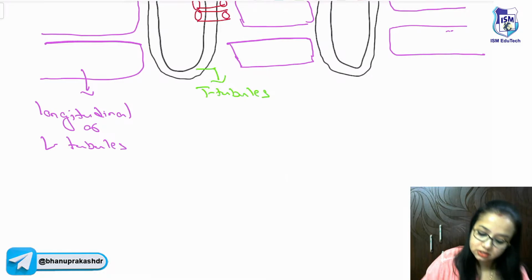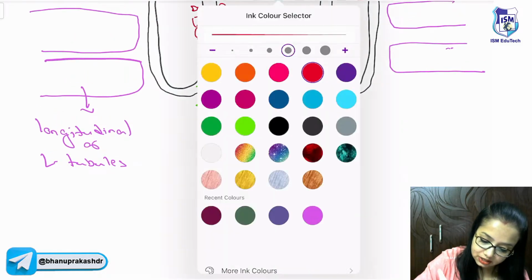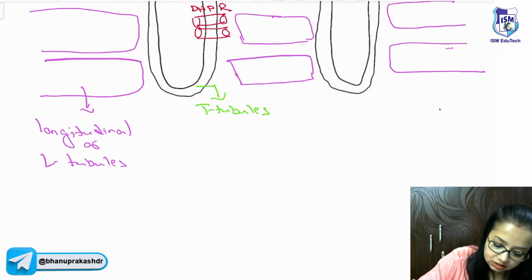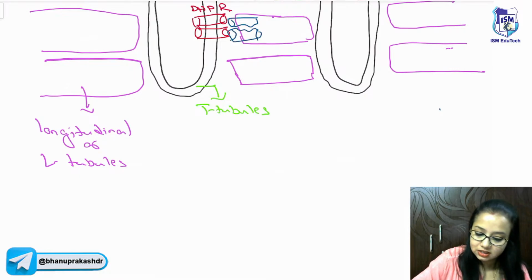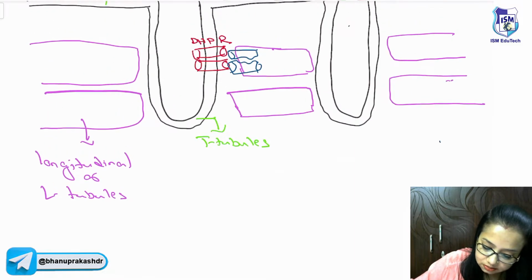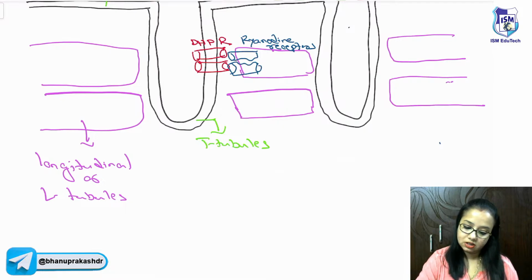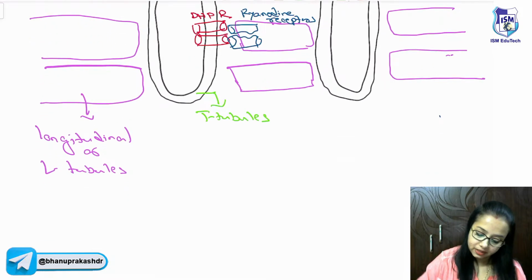The characteristic of these L tubules is that they also have a calcium channel. This calcium channel that they have lies something like this, and these are called the ryanodine receptors.